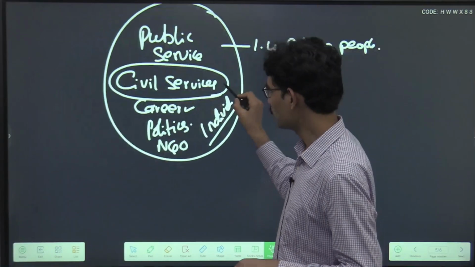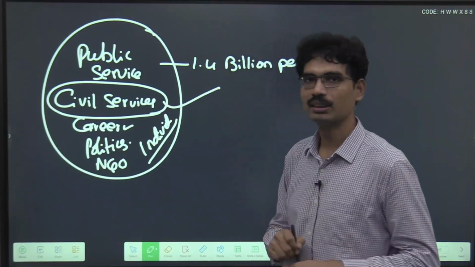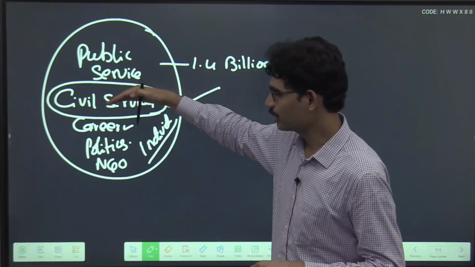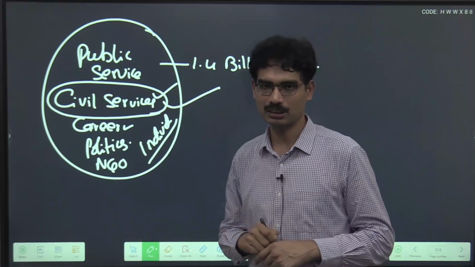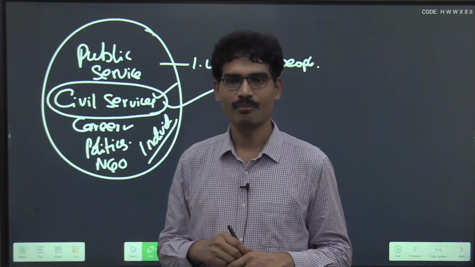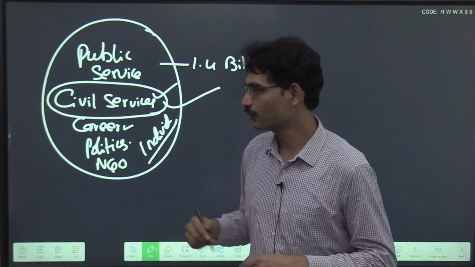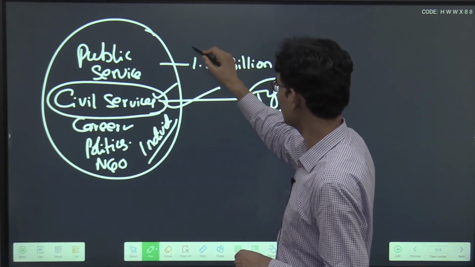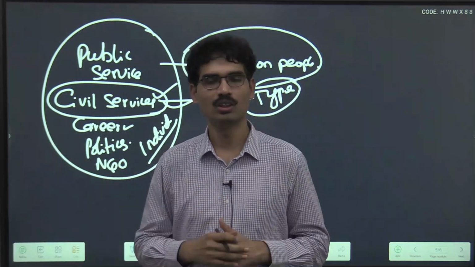But our focus mostly goes to civil services because we are preparing for it. That's why our focus goes to how to best perform within the civil services. Once a person joins as a civil servant, what are the different types of services? With 1.4 billion people, you can understand how many requirements there will be.